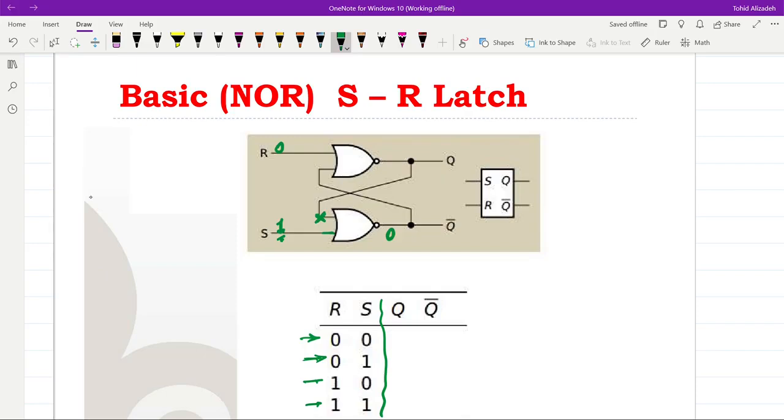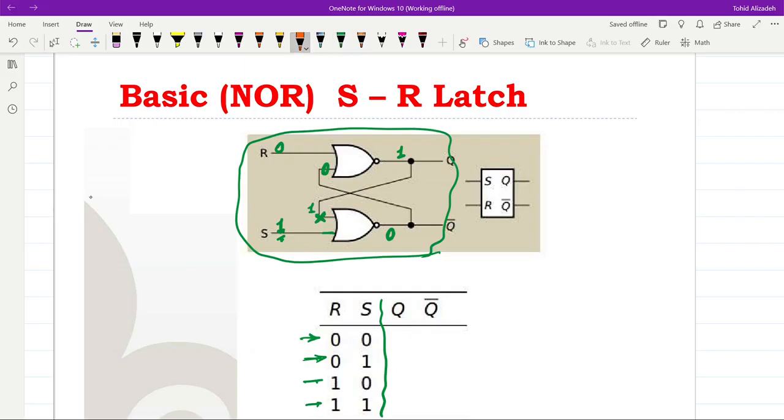Once the output of the second NOR becomes 0, it is used as the second input to the first NOR, which has 0 as its other input. Now both inputs are equal to 0, and as a result the output of that NOR gate will be equal to 1. Now 1 will be here, and 1 and 1 give us 0 as the output of the NOR, and the system will be stable.